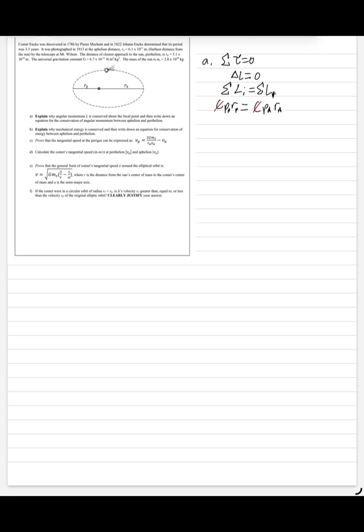The C cancels out and you can expand linear momentum at the perigee to M V P. And the same for the right side, but V A. Mass cancels out because they're the same mass. And that's our equation for conservation of angular momentum.